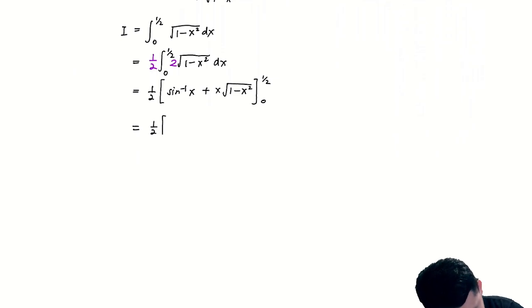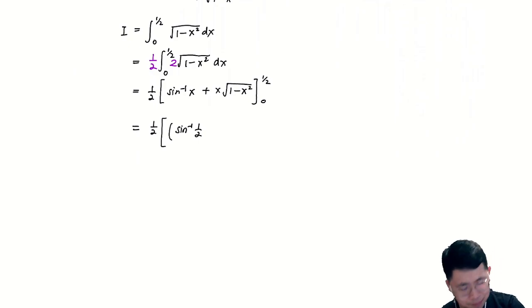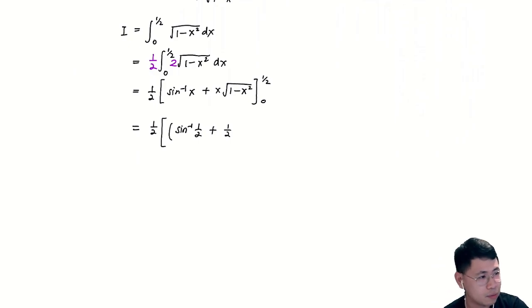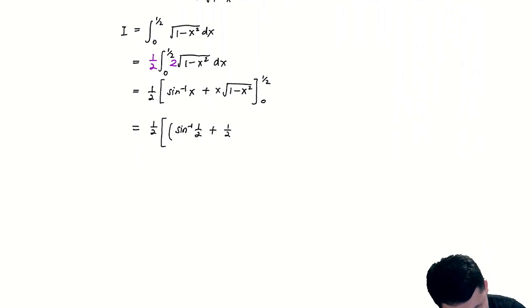Over here I will have sine inverse of half, later we need to find out the angle, plus half times the square root of 1 minus 1 over 4. This is going to give me 1 minus 1 over 4, so it's 3 over 4. So this is going to be root 3 over 4, or more like root 3 over square root 2.